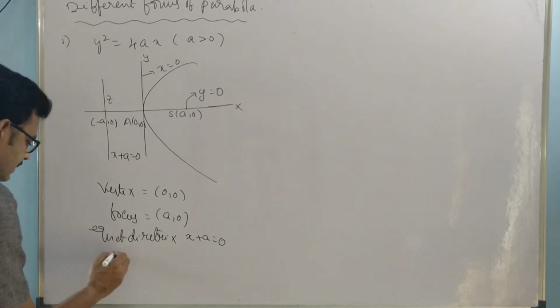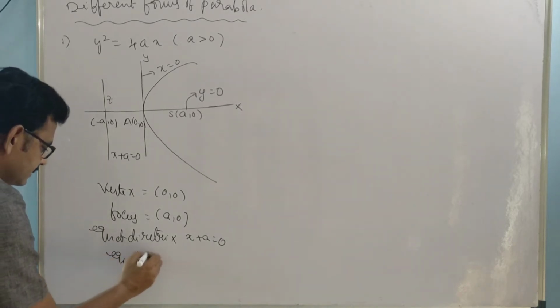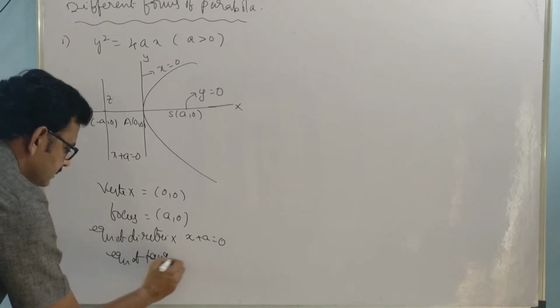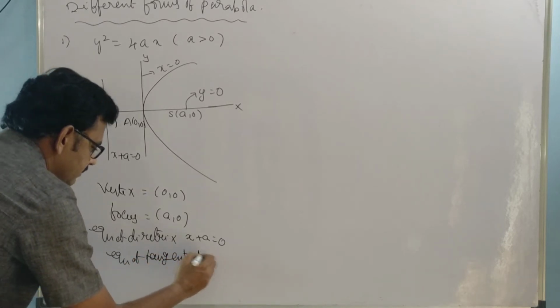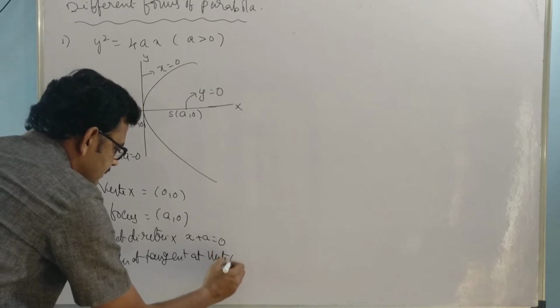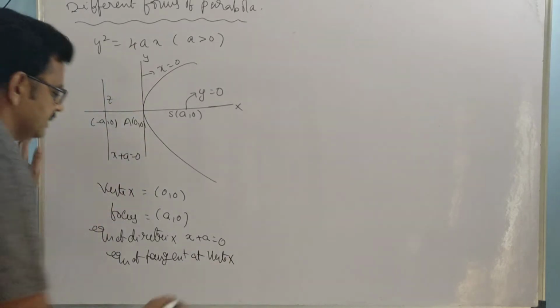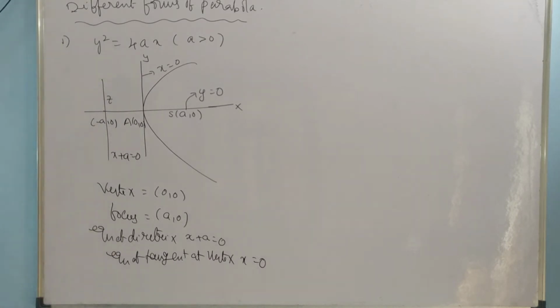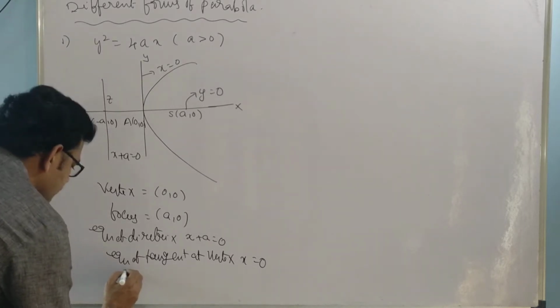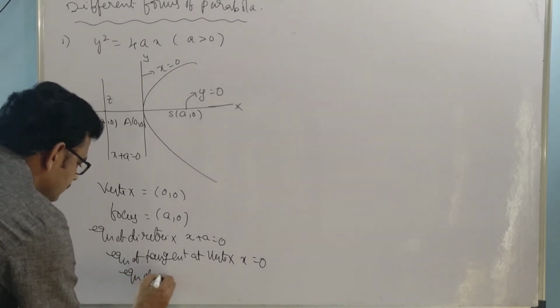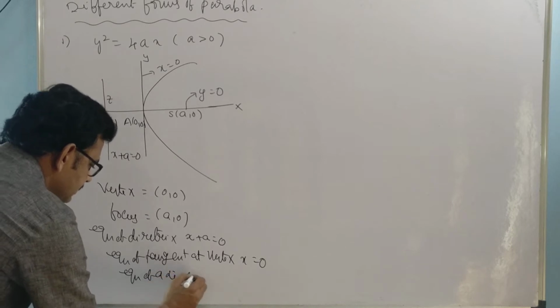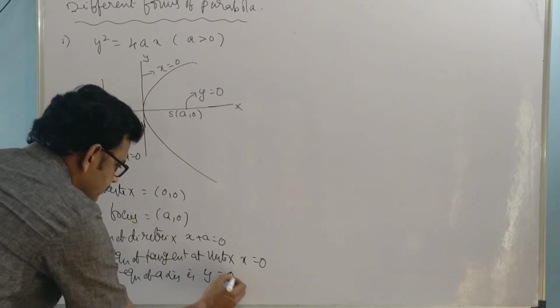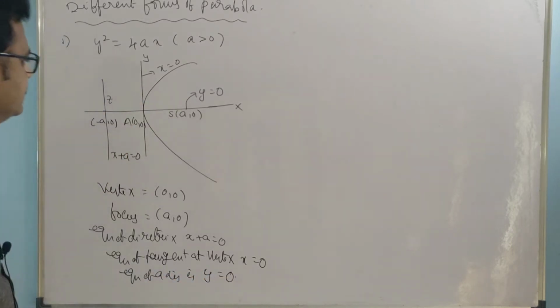Now, equation of tangent at vertex. This is the y-axis, meaning x equal to 0. Now, equation of axis: y is equal to 0. So, this is the equation of axis.